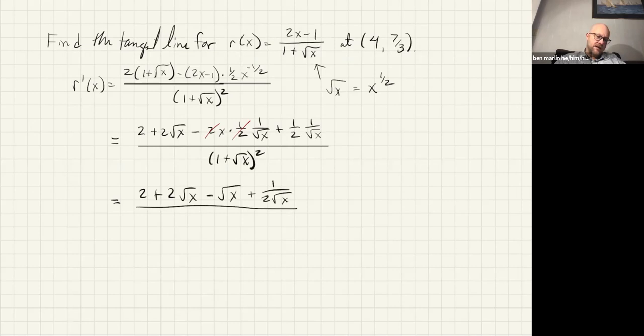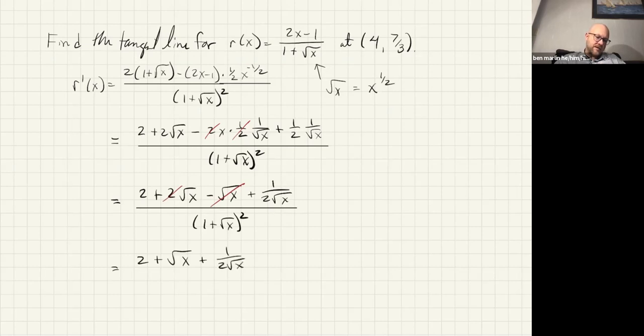All that divided by 1 plus the square root of x squared. Well, I can get a little bit of mileage out here. This minus square root of x will combine with that. And so now this would end up being 2 plus the square root of x plus 1 over 2 square roots of x.